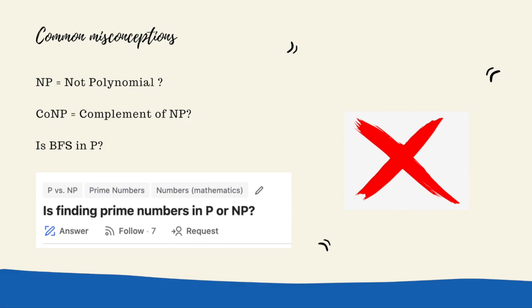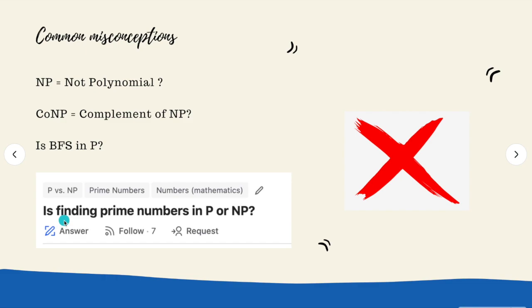But again, note that if a problem is in P, it's also in NP. In other words, P is contained in NP. So if someone proves a problem is in P, it also implies that the problem is in NP.